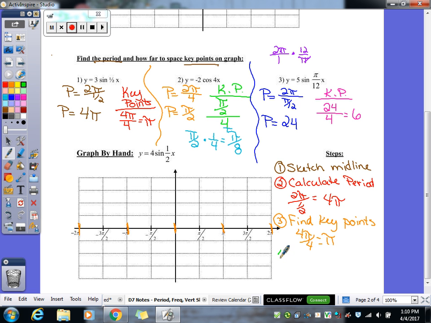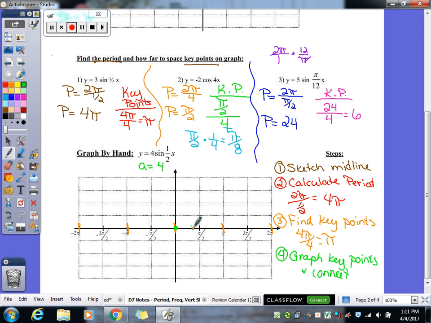So then step 4, you're going to graph your key points and connect. So here, we have to keep in mind, for our key points, we have an amplitude of what? 4. So we're not going to go 1 to -1. We're going to go 4 to -4 for this one. Sine curve always starts at 0. So at 0, 0, there's my first one.